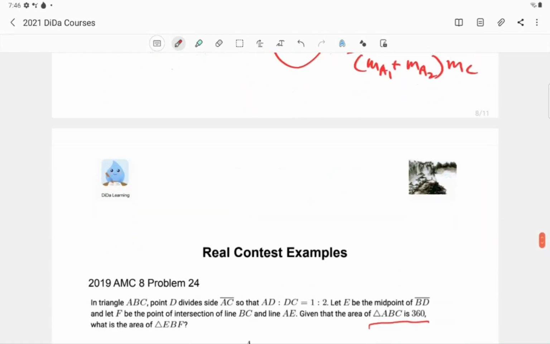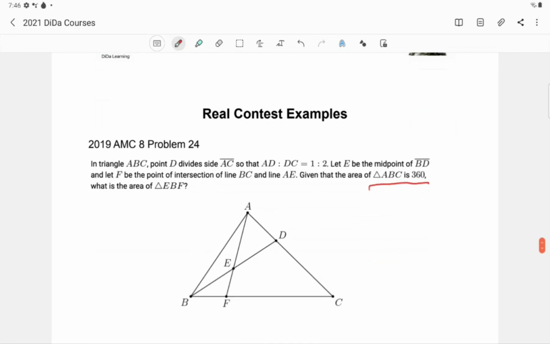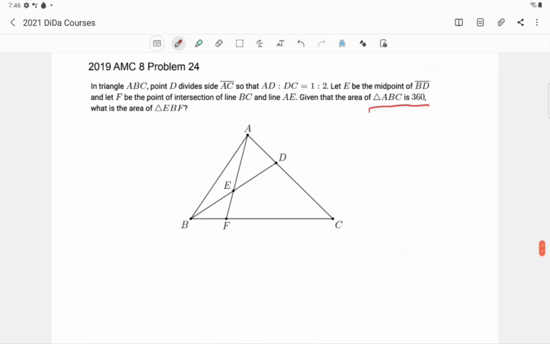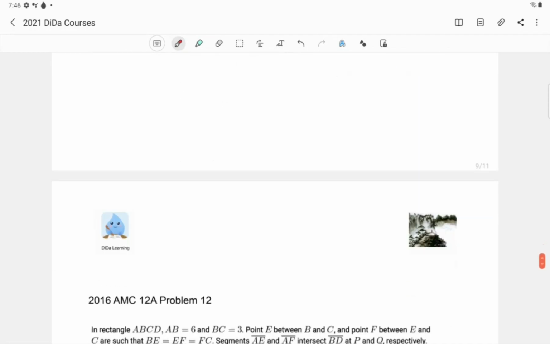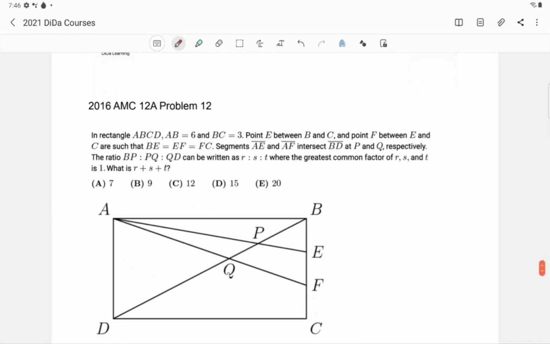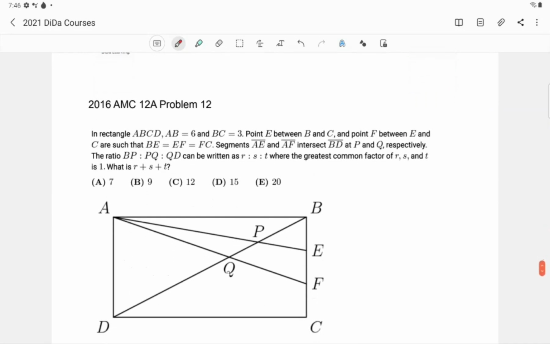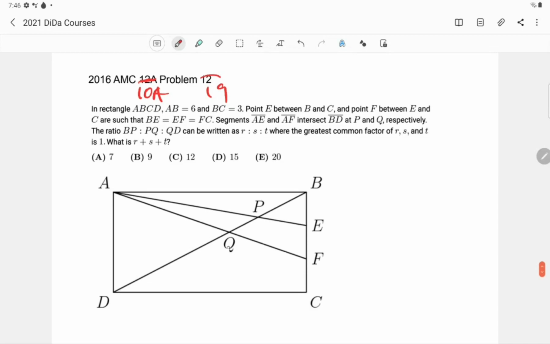Okay, so you're right. You can go on AoPS to find more examples. The second example I was going to cover is, I think this is wrong, this is the 10A problem 19. It's also a very straightforward application of MPG with concurrent Cevians in this triangle.